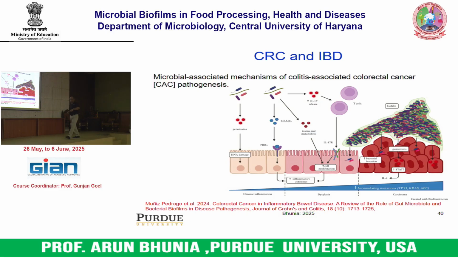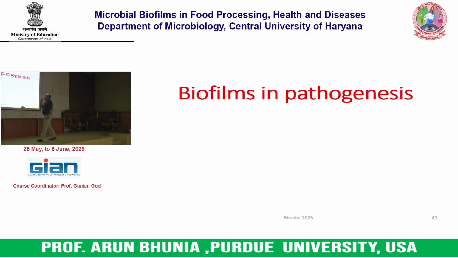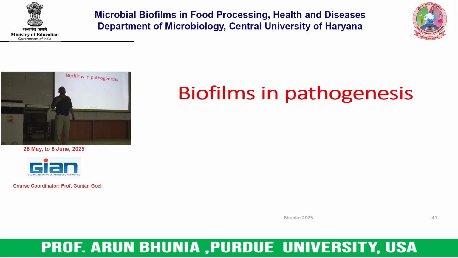I know we are getting close, and I know I will not be able to finish, but one of the questions we started asking is about biofilm's role in pathogenesis. I already answered some of those questions, but I want to ask a very specific question.